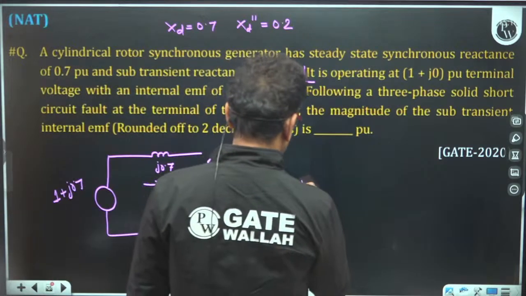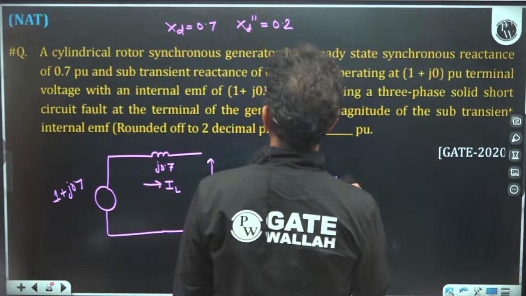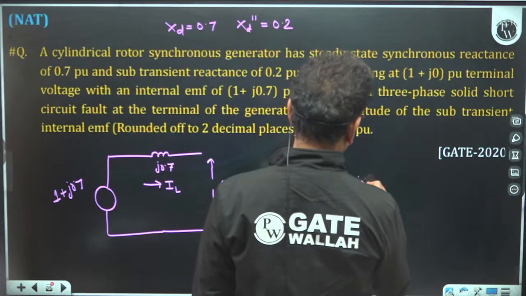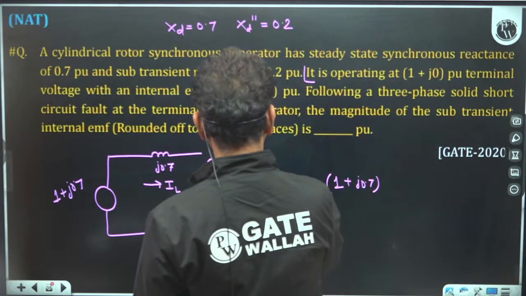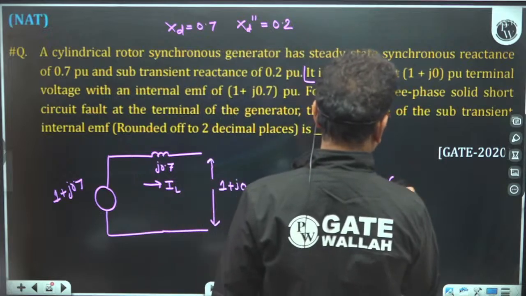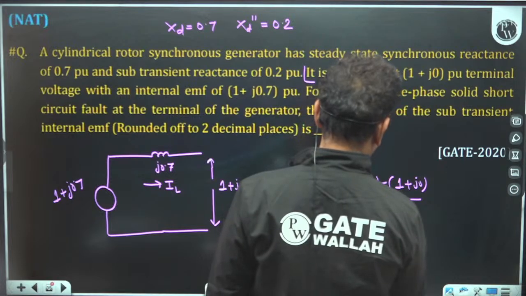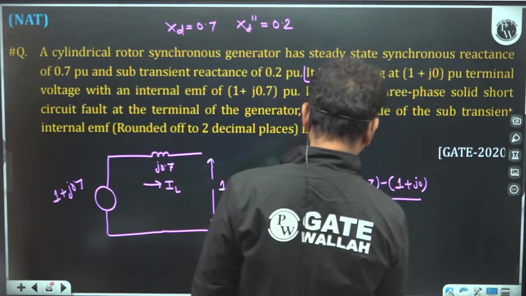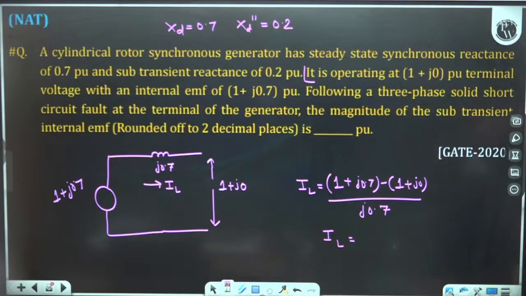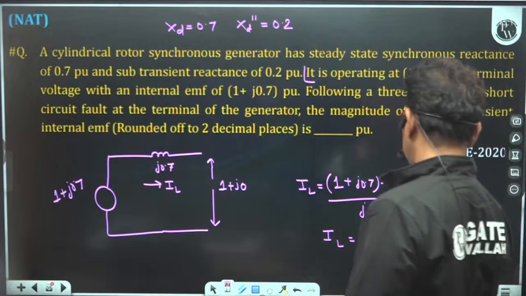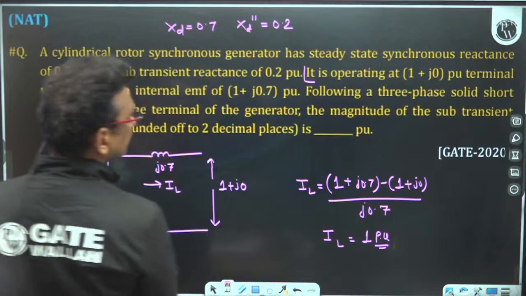IL is nothing but the difference between these two: (1 plus j0.7 minus 1 plus j0) divided by j0.7. So j0.7 by j0.7, it is 1 pu. This is my load current.